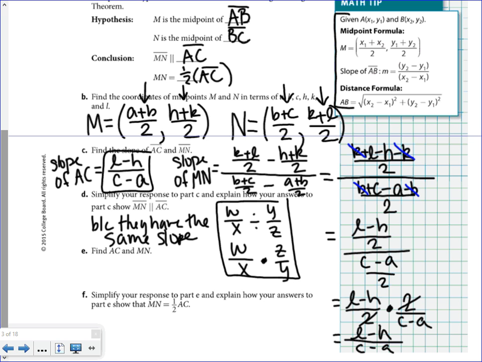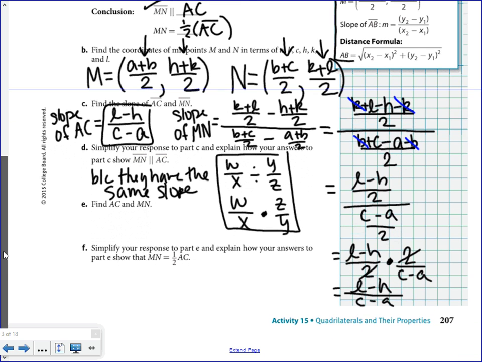So we know they're parallel because they have the same slope. So now we want to prove the lengths of AC and MN, that MN is half of AC. We already proved they're parallel. Now we're trying to prove the lengths. So the first thing we're going to want to use is our distance formula for AC.